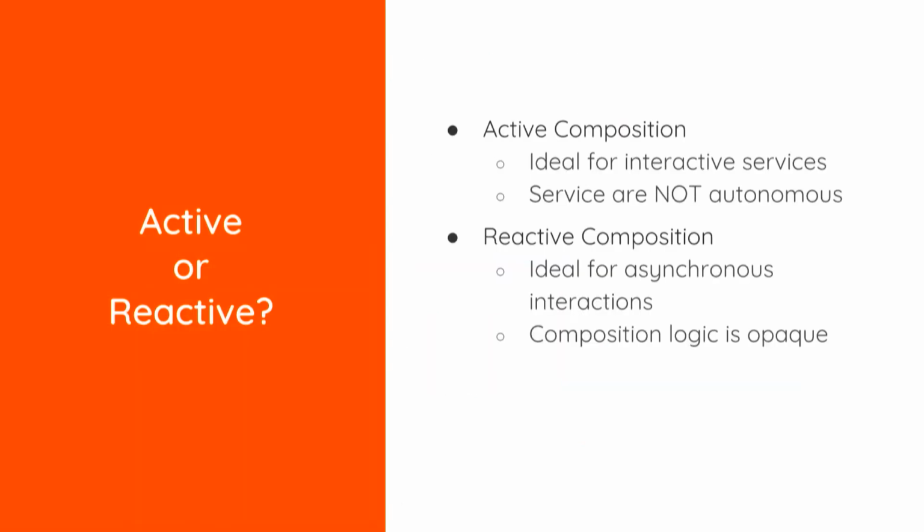So now we talked about synchronous composition and the reactive compositions. Let's have a look at pros and cons of both of these approaches. So of course, active or synchronous composition is ideal for interactive services, services that accept a request and immediately respond with something. So that is very important to have that kind of synchronous communication.